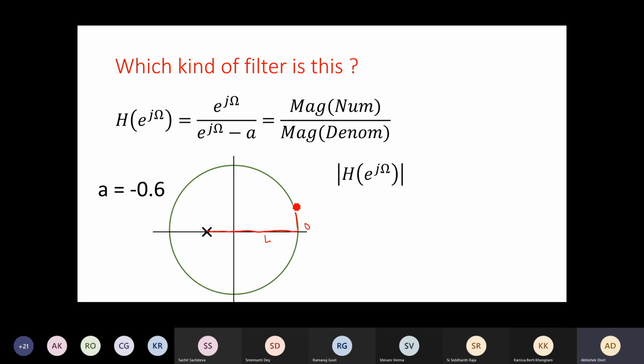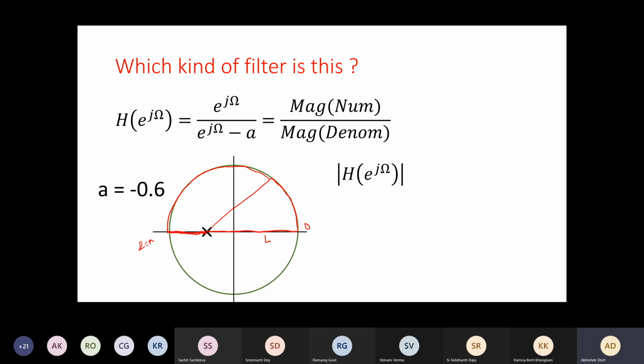And as my omega increases, my length will become shorter and shorter, isn't it? And at omega equals pi, this will have the shortest length. If this has the shortest length at omega equals pi, my magnitude of H(e^jω) will be the highest, because again, magnitude of numerator remains constant.